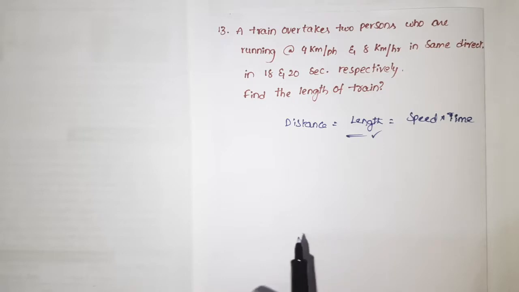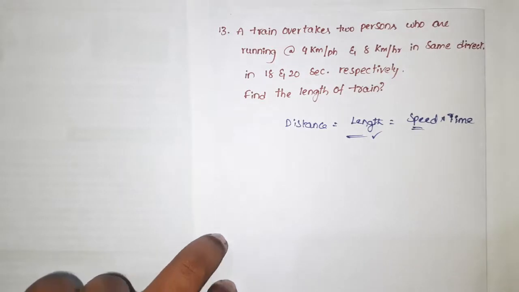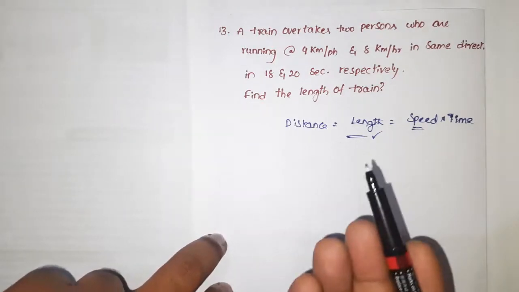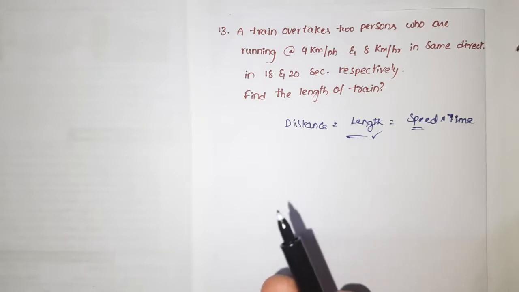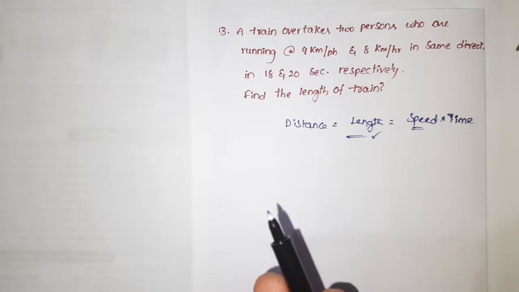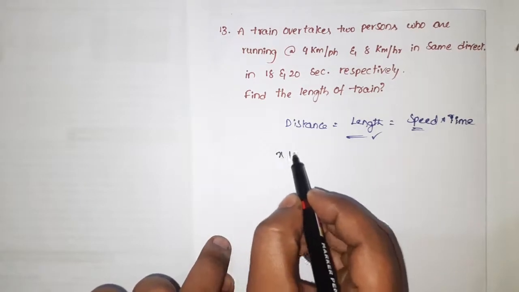Okay, so here speed is nothing but relative speed, since these two people are running in the same direction. So we will take the relative speed and multiply it with that time so that we can get the length of the train. So let us say the speed of the train is x km per hour.